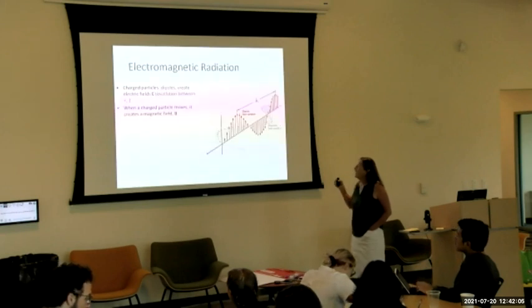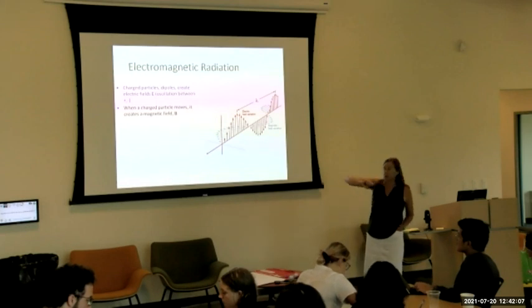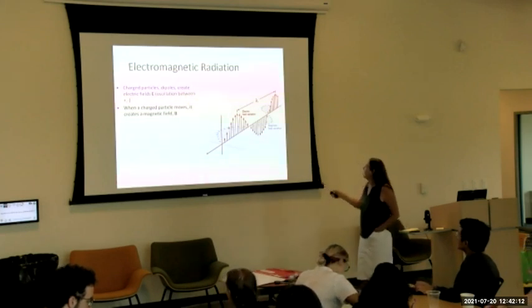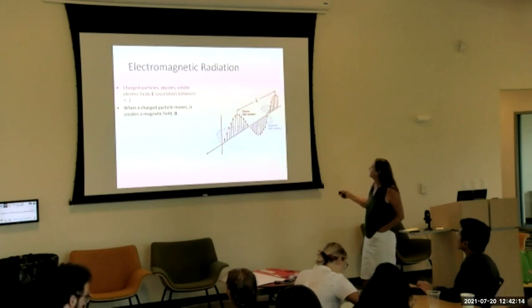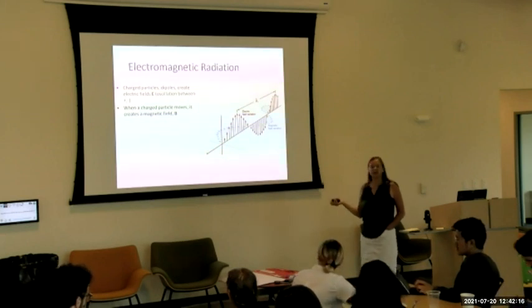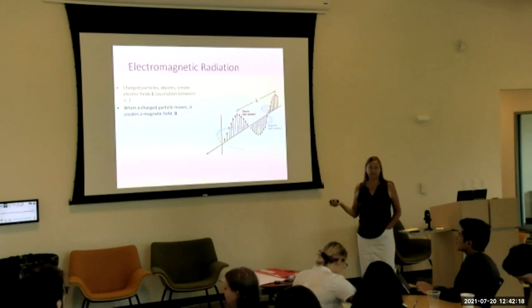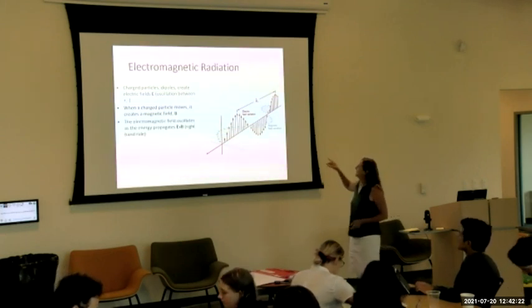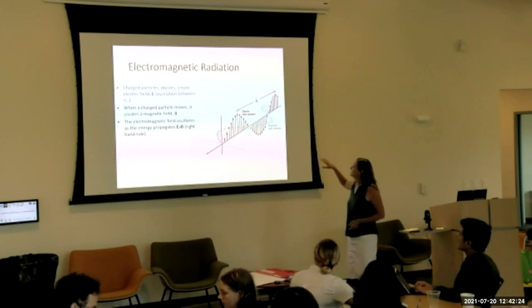And then when that charged particle moves, that's what creates a magnetic field. That magnetic field, which in this case is in blue, occurs in a different plane. And if you remember, when the fields oscillate, the energy propagates.